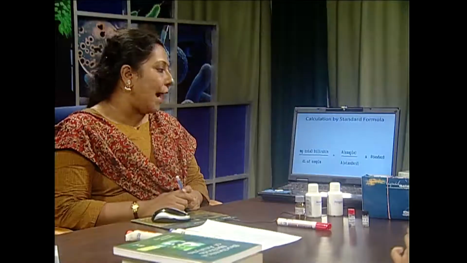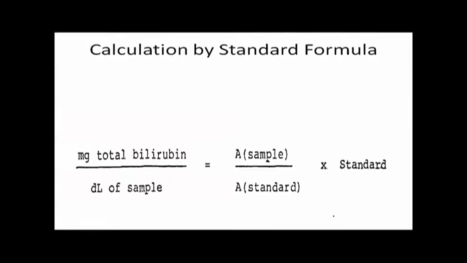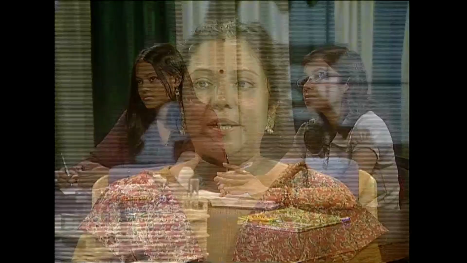Now, if you want to know the milligram of total bilirubin present per deciliter of sample, you have to divide the absorbance of sample by the absorbance of standard and multiply with the concentration of standard. In each case of absorbance, you are eliminating the blank which is made Auto Zero here.